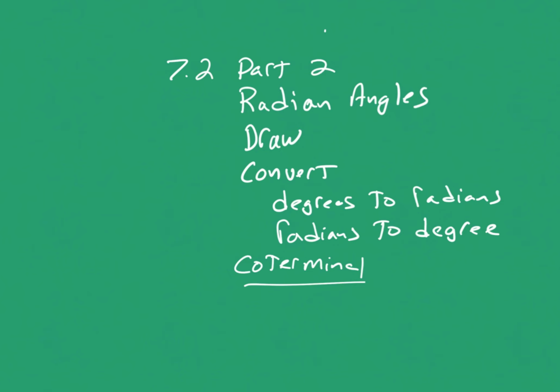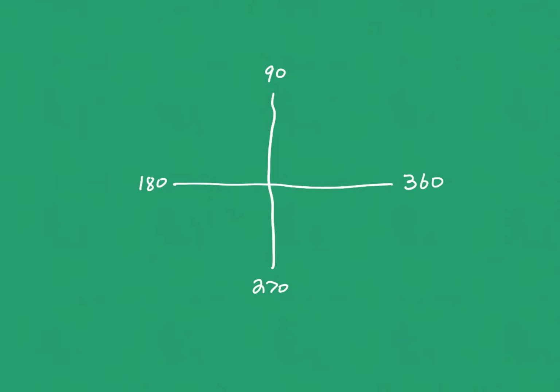So I'm going to start out with what is a radian measure, what is a radian angle, and that type of thing, and we'll kind of build it from there. So yesterday we talked about this coordinate plane stuff, and we said that each of these little sections was 90 degrees.